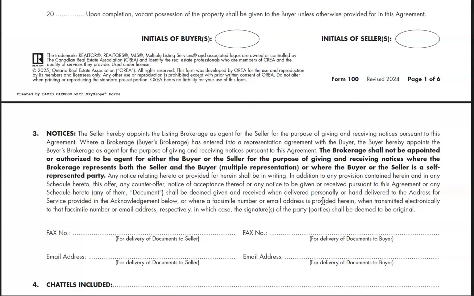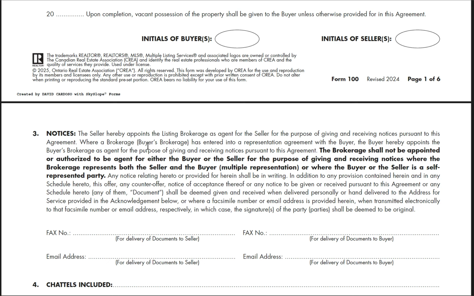Notices: the seller hereby appoints the listing brokerage as agent of the seller for the purpose of giving and receiving notice pursuant to this agreement, where a buyer's brokerage has entered into a representation agreement with the buyer, and the buyer hereby appoints the buyer's brokerage as agent for the purpose of giving and receiving notices pursuant to this agreement.